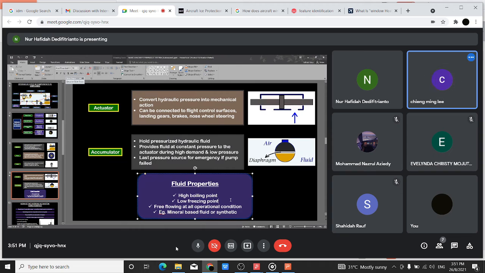Another thing is, for big aircraft, they like to give a head pressure inside the reservoir. This means you push the fluid down and flow to the pump. It's just like what you mentioned on the fuel system. We give a head pressure.